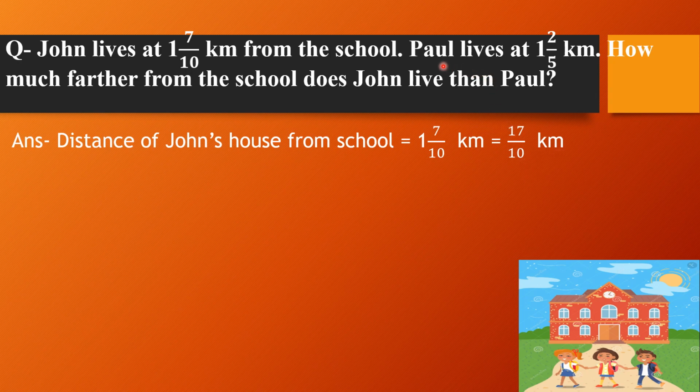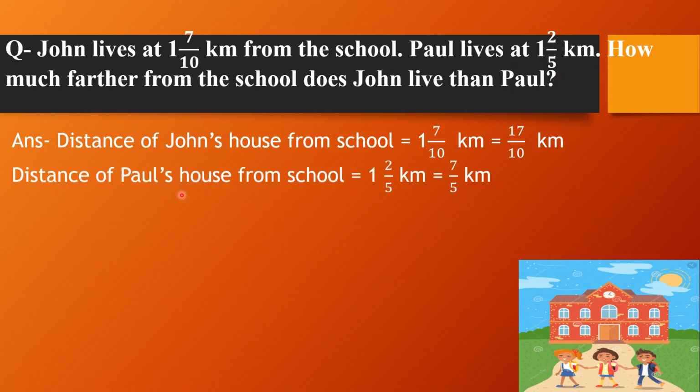Second thing which is given: Paul lives 1 and 2 by 5 kilometer. It means the distance of Paul's house from school equals 1 and 2 by 5 kilometer. We will convert this also into an improper fraction. 5 ones are 5 plus 2 equals 7 by 5 kilometer.